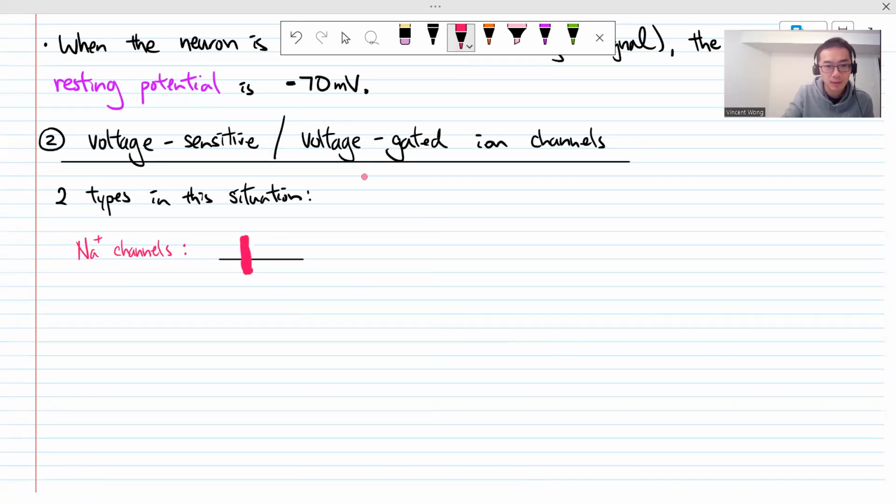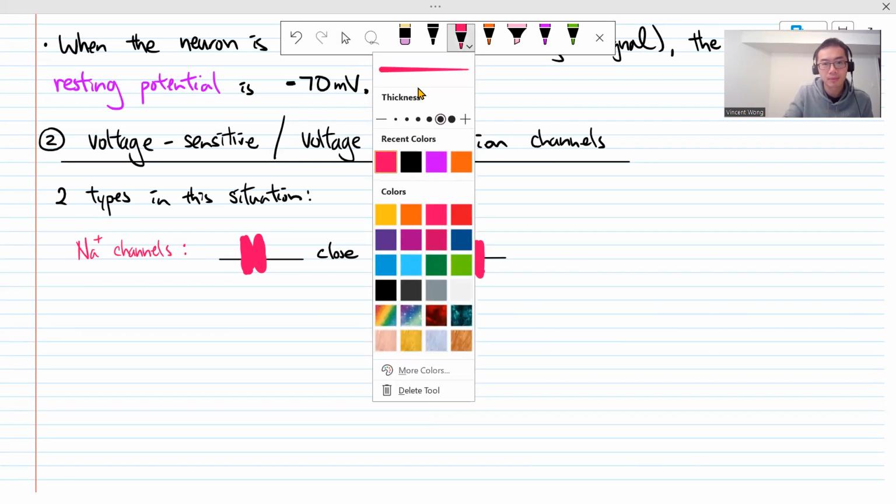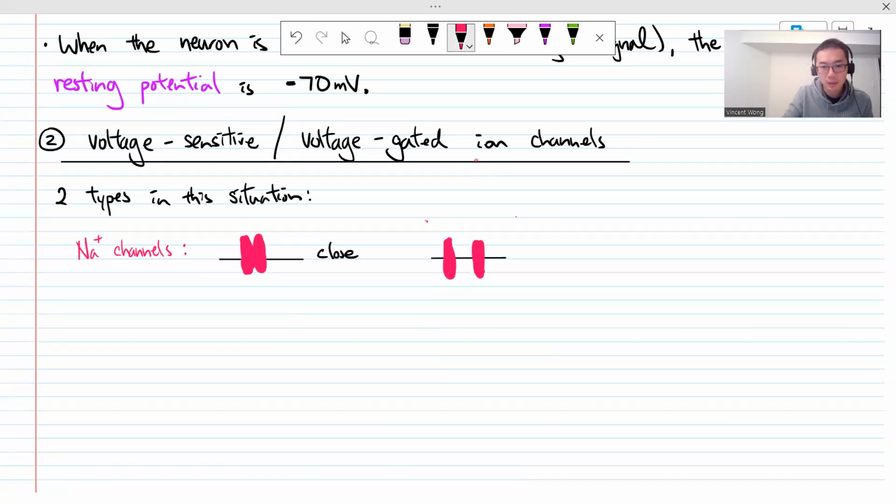Think of them as a door. So this is closed, and obviously when it's closed, nothing goes through. And this would be open. When it's open, the sodium can move through.